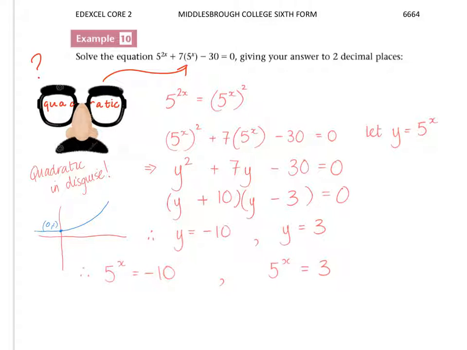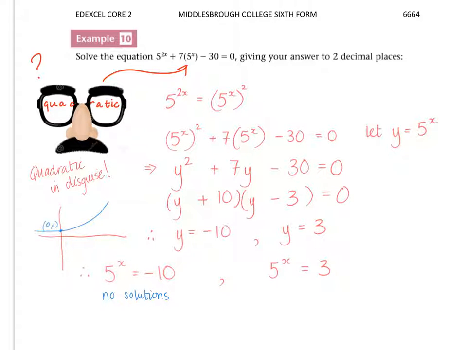So what can you tell me about this equation here? Just looking at the graph, there is absolutely no value of x that will make minus 10, because minus 10 is down here somewhere, and that's never going to happen. So what we say is there's no solutions for this one.